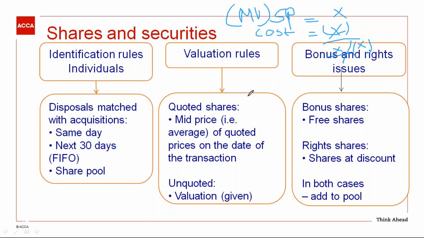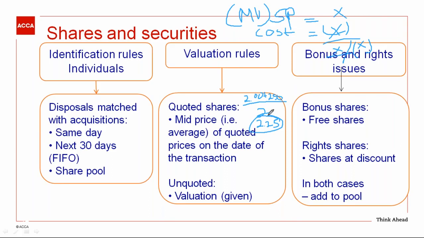So on the date of disposal, say the lowest quoted price in the London Stock Exchange is £2, and the highest price on that date is £2.50. You add them together and divide by 2, and you get the mid price, which is 2.25.